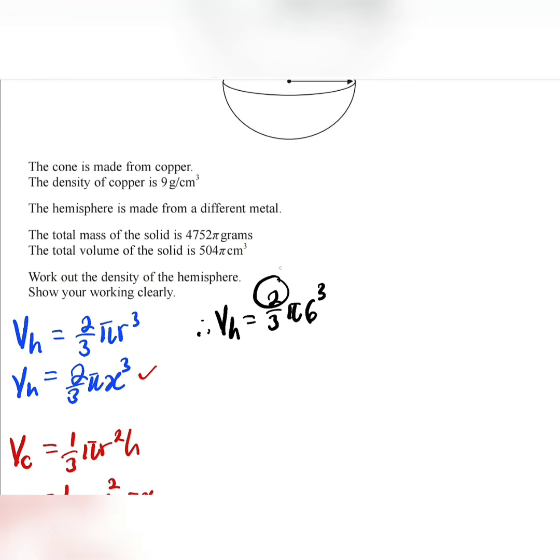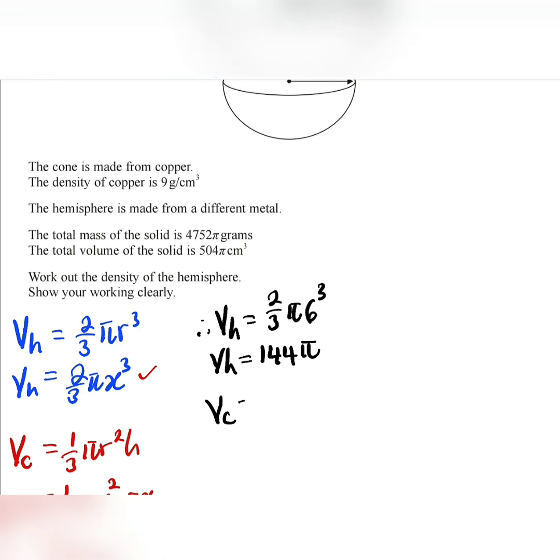Then multiply by 2, then divide by 3. Altogether, I have 144 pi. This is the volume of what? The hemisphere.